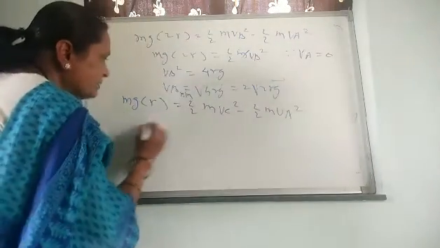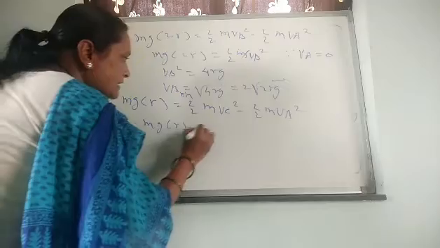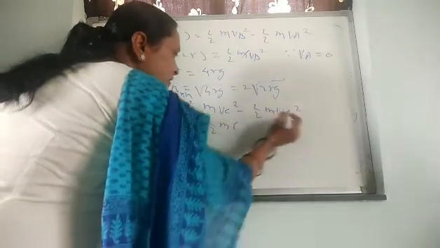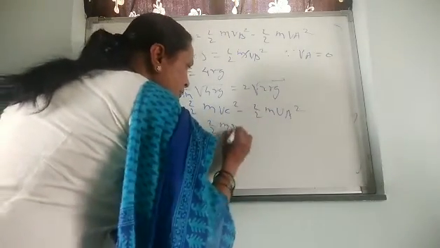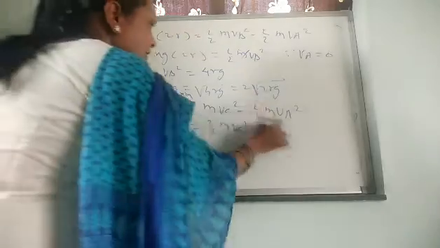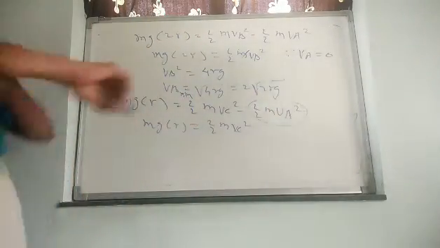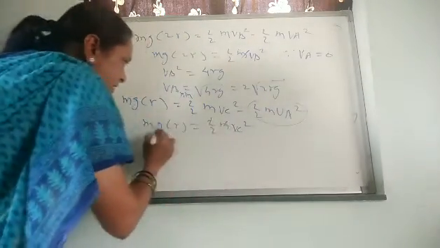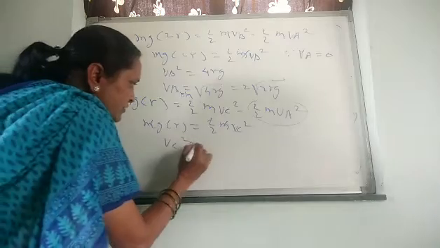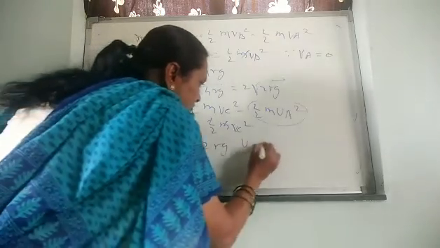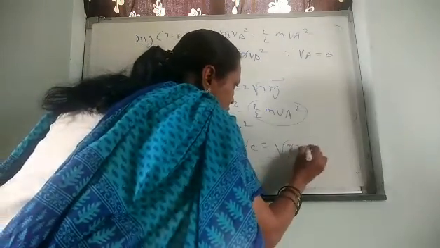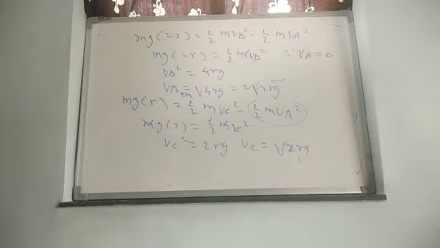Since Va is equal to 0, that term will be 0. So mgr is equal to 1/2 m Vc square, m gets cancelled. That means Vc square is equal to 2rg, that is Vc is equal to Vd is equal to under root 2rg. That is the velocity at the horizontal position.